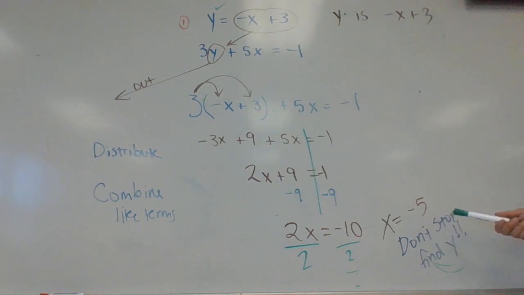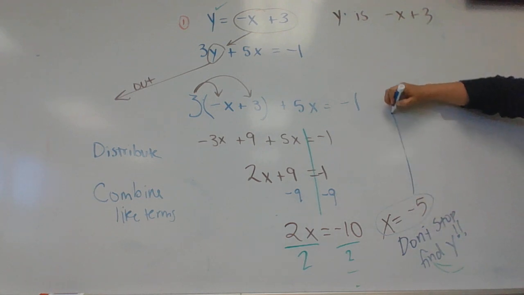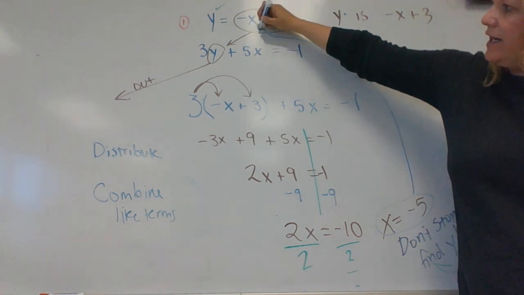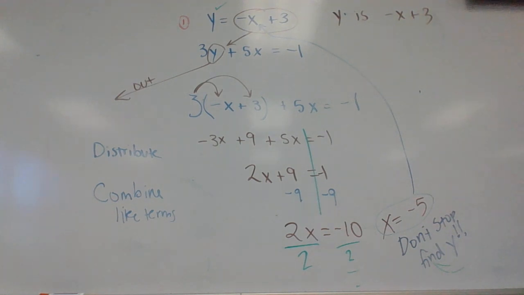So if we know what x is, we just plug it in. Now we know x, we can go ahead and put it here. So the original, and we get y equals negative 5 plus 3.